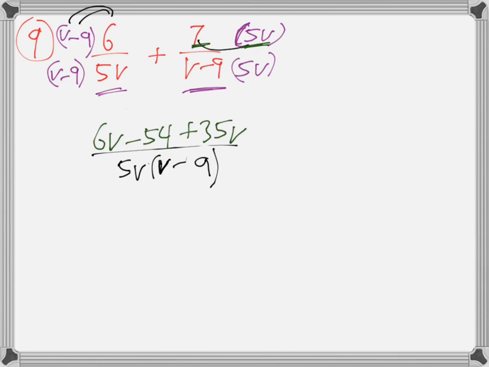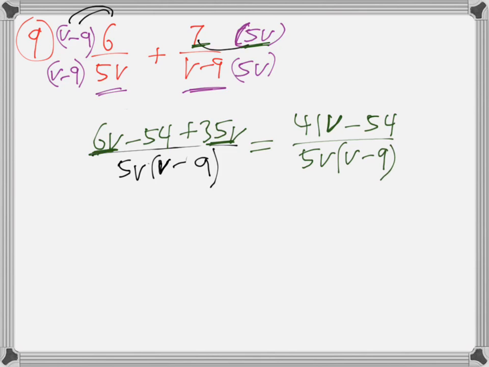So we got a common denominator. And then we're done with the denominator. And we just multiply out the top and gather like terms. Almost there. 6V and 35V, 41V. Right? Now, minus 54 over 5V, V minus 9.